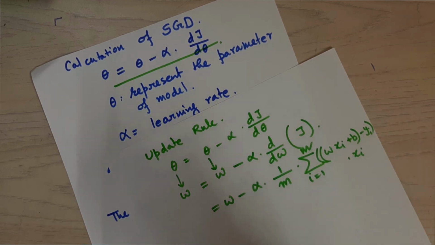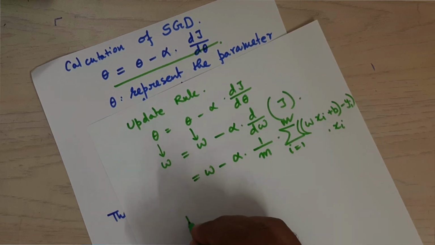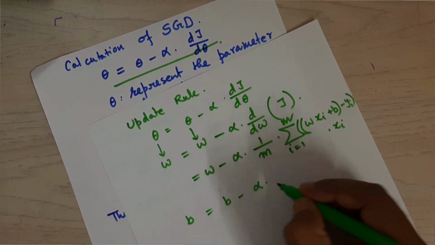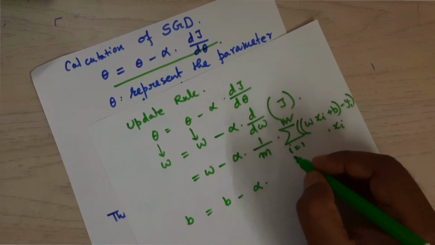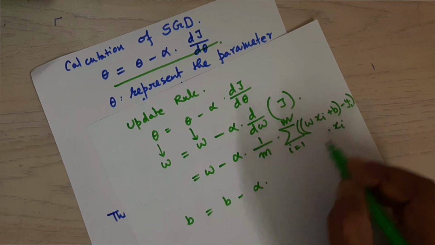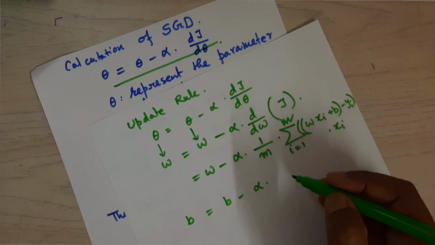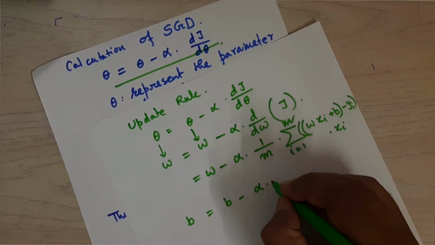And that 2 will be nullified. So now if we calculate for b, b is equal to b minus alpha into, now that will be simple, there will be no xi here, right? Because b is not attached to any x value, x is equal to always 1 for the bias case.